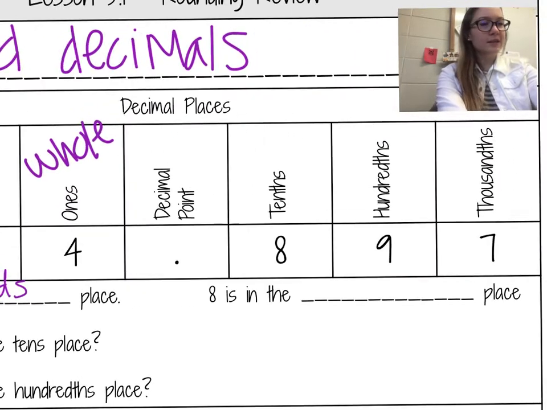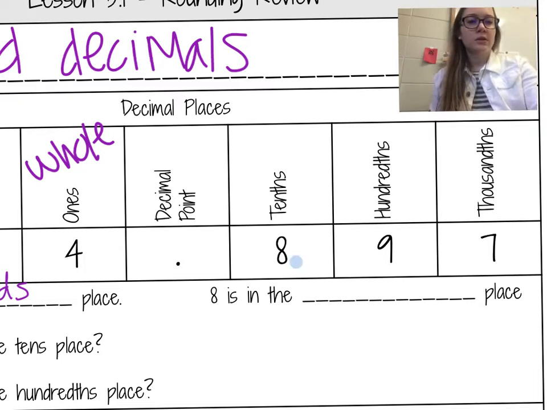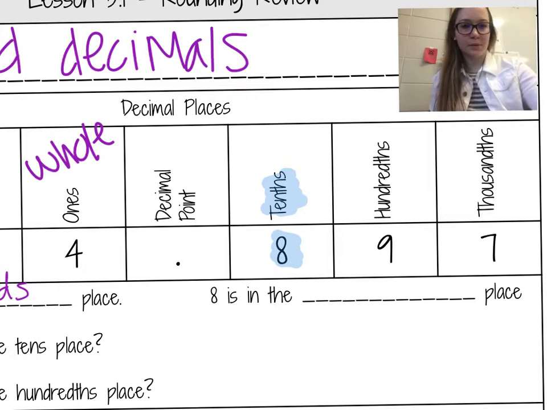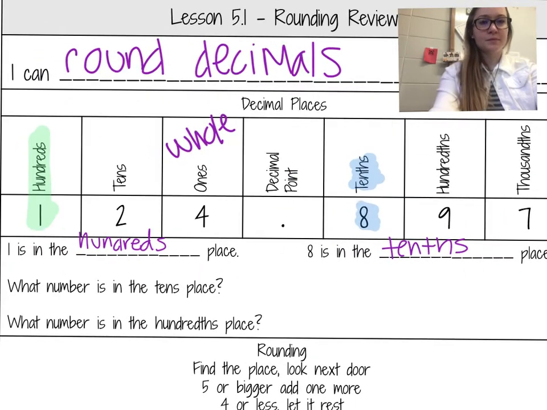And it says 8 is in the blank place. What place? So 8 is right here, and it is in the tenths place. So 8 is in the tenths place.